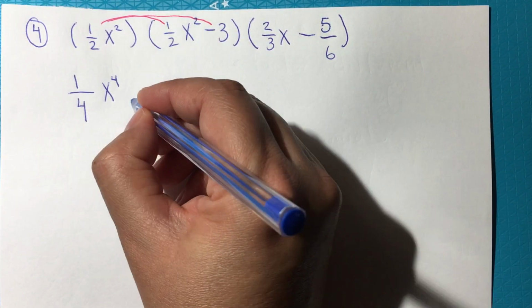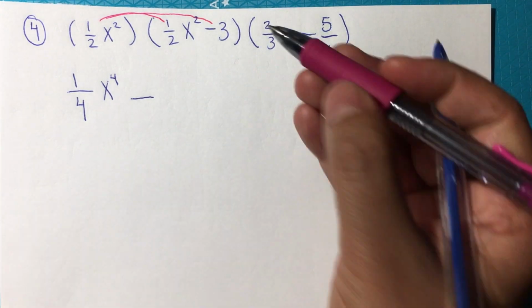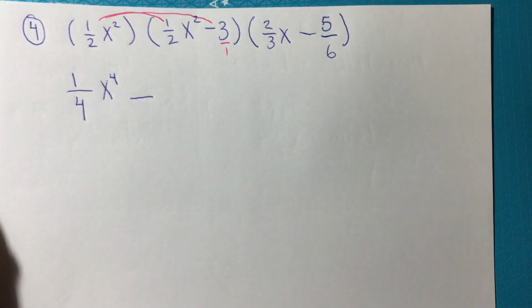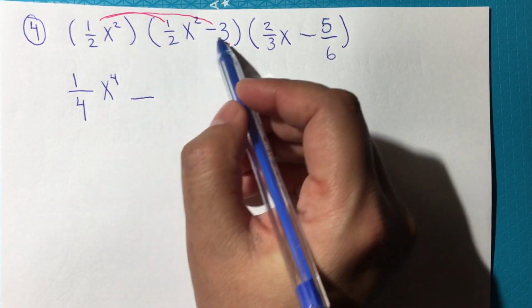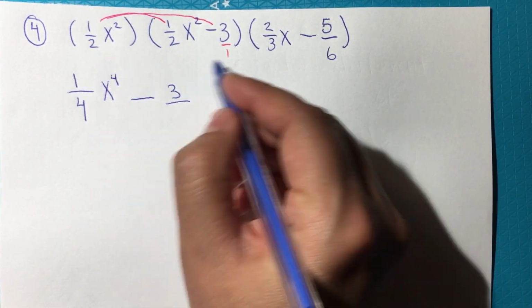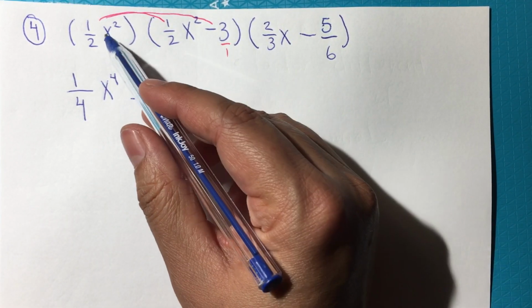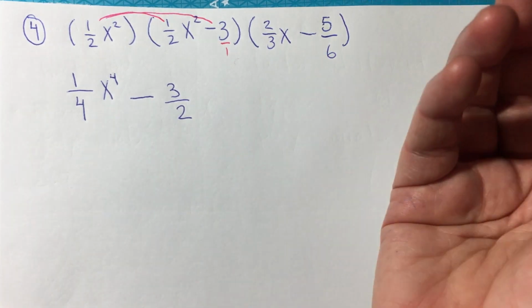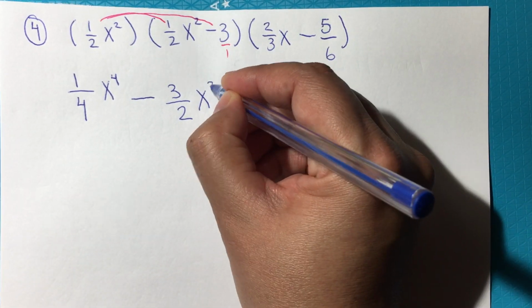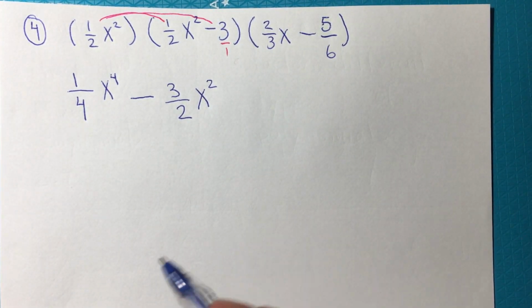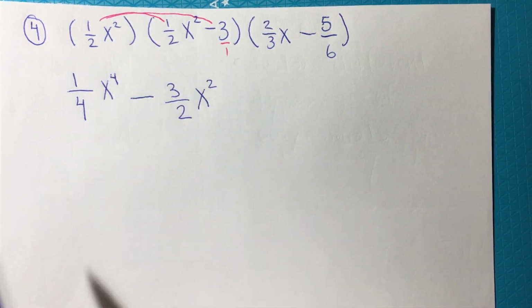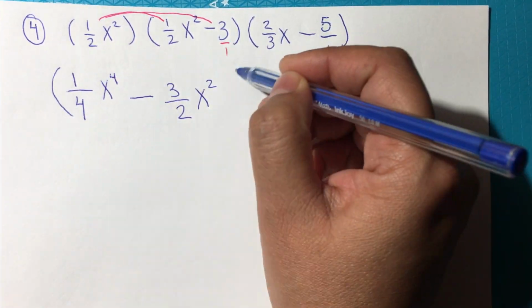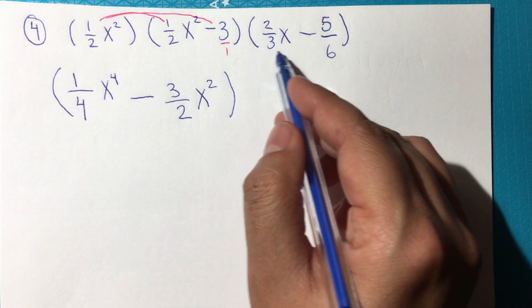Positive times negative is negative. Oh, and in here, since we don't have to multiply straight, we put it over 1, and 1 times 3 is 3. 2 times 1 is 2, and x squared times no variable, so we just bring over the x squared. Now that we multiply the first two factors, we multiply the result by the third factor.